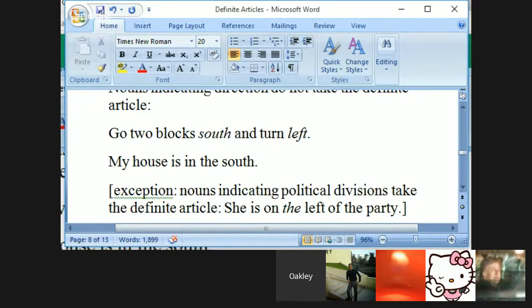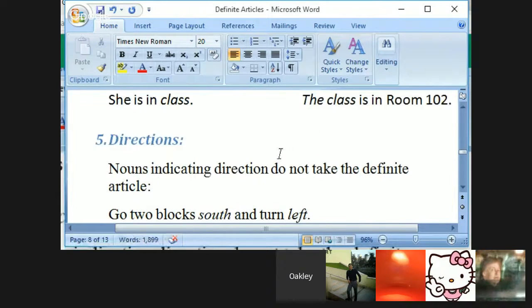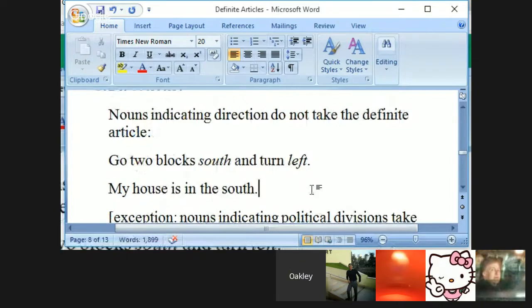So this is what is confusing about using "the" with directions, because it's very normal to use prepositional phrases of place to show place. If it's in a prepositional phrase, you will probably use an article, because there's one south.